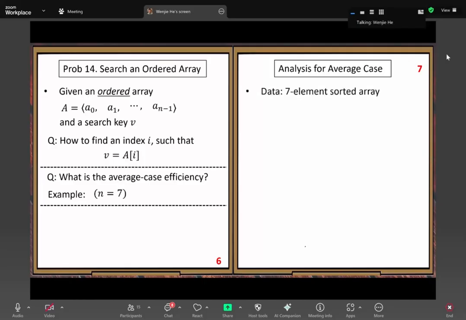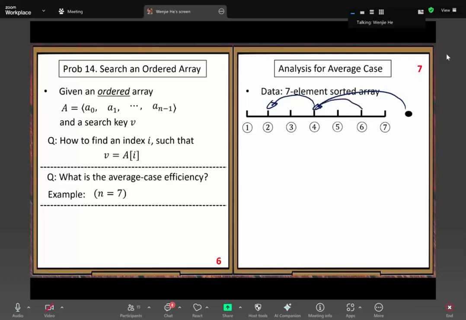Our data is a 7-element sorted array. We use this line segment, then a given key, and we need to do comparison. The first time, you can see, we compare it with the median. Then if it's smaller than that, second comparison, then third comparison.